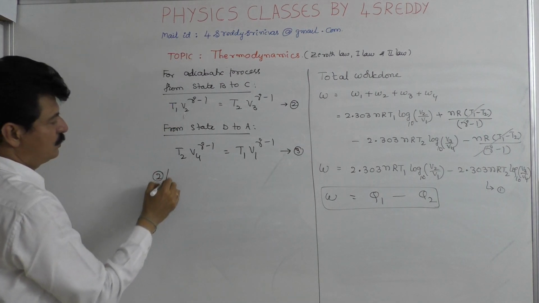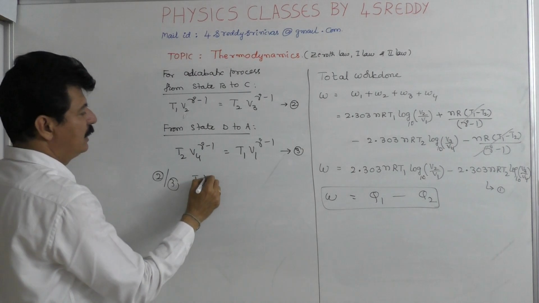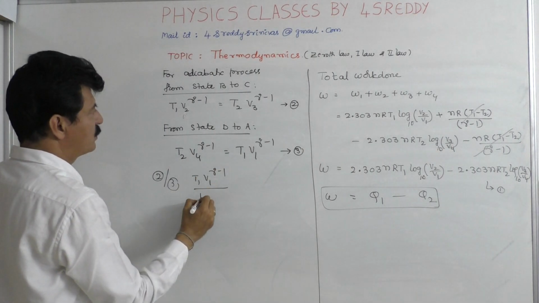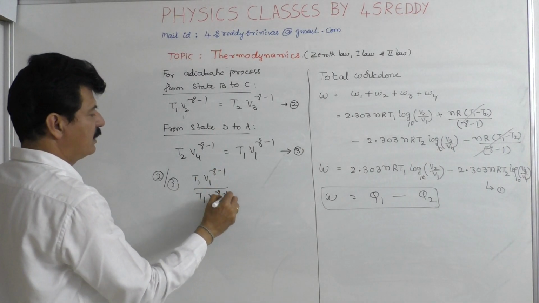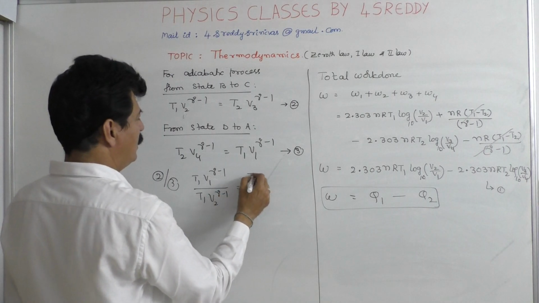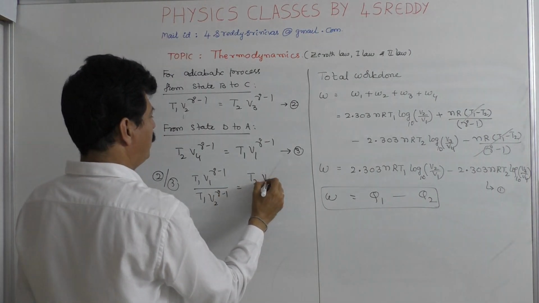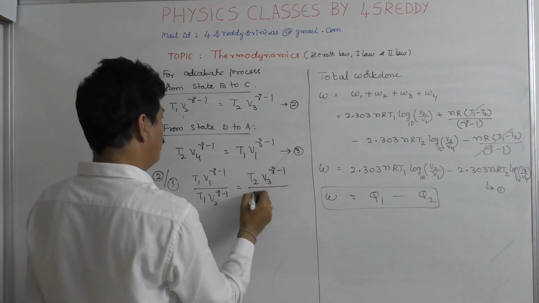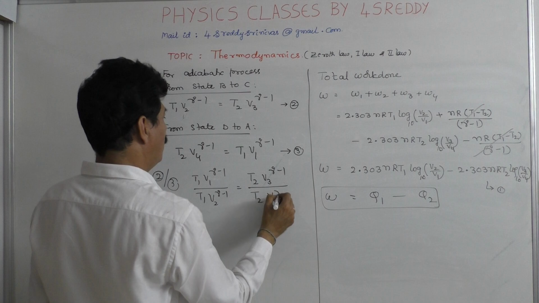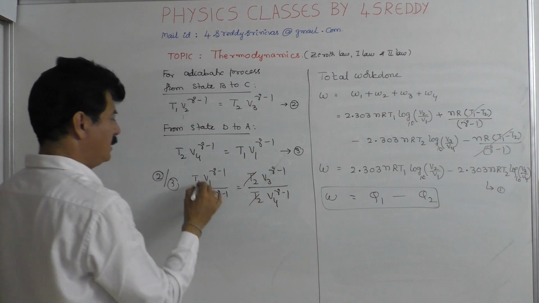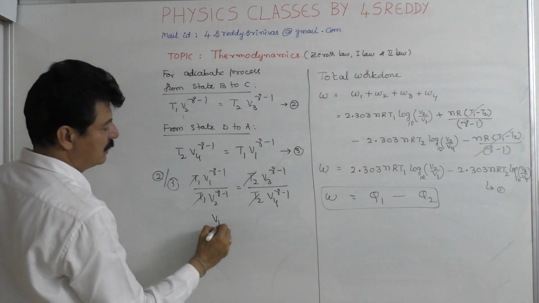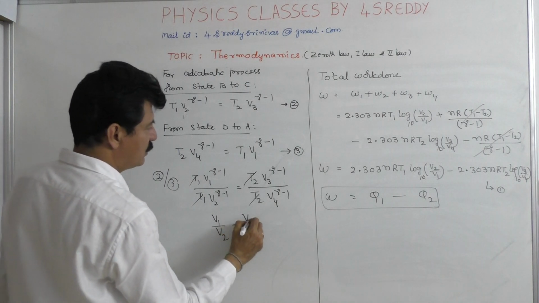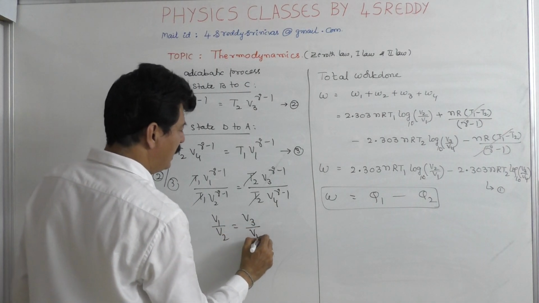So equation 2 divided by equation 3: T1 V2 power gamma minus 1 by T1 V1 power gamma minus 1 is equal to T2 V3 power gamma minus 1 by T2 V4 power gamma minus 1. This and this cancel. Therefore, V2 by V1 is equal to V3 by V4.